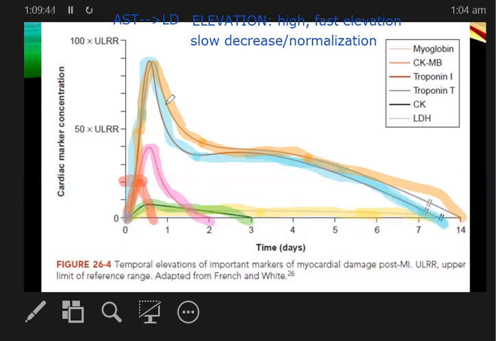It increases slower as compared to your troponin I. However, the good thing about your troponin T is it remains elevated longer and maintains a higher sensitivity after 7 days. After 7 days, the best cardiac marker that you should assay is your troponin T because it remains elevated longer as compared to your troponin I.